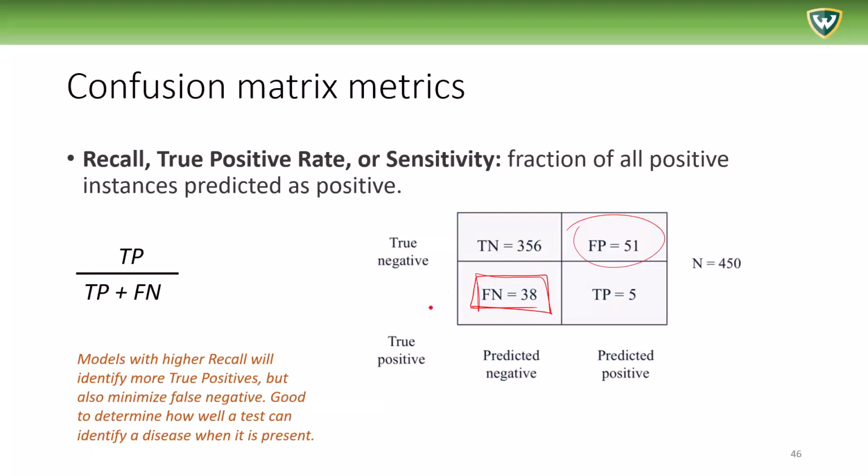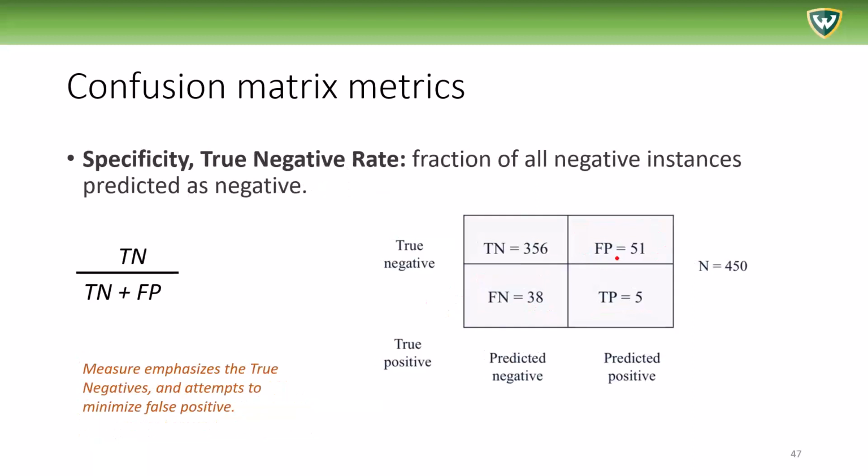So the recall brings up the false negative and the true positive, and it's used in medical contexts for this purpose. Now we also have the specificity, or true negative rate, which emphasizes, as the name suggests, this region here. It is the fraction of all negative instances predicted as negative: TN, true negative, divided by true negative plus false positive.